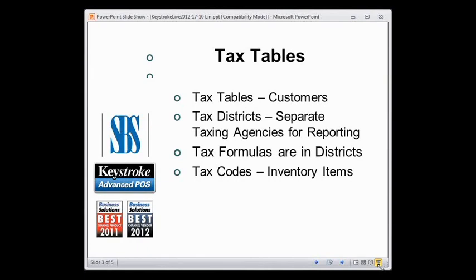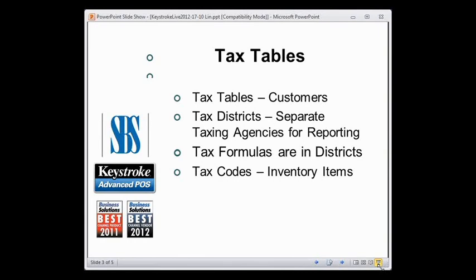So when we get into it, I'll show you, a lot of places there's, say, a 5% state sales tax and a 1% city sales tax and a 0.5% county sales tax.